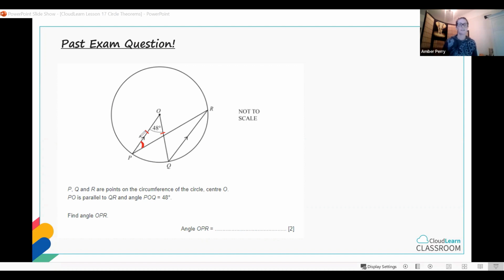We've got this angle POQ. And we know this angle, we can find PRQ. Can anyone write what PRQ is? Can anyone spot using that circle theorem that we did? I hope you can see, can you see it clearly?